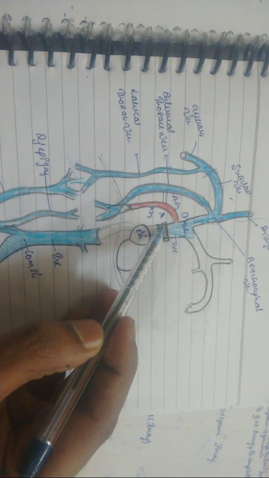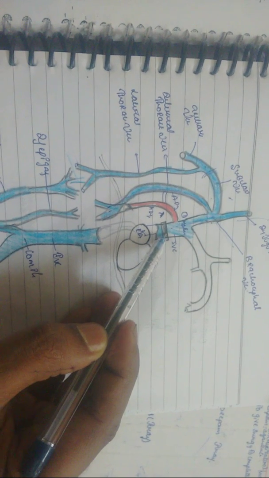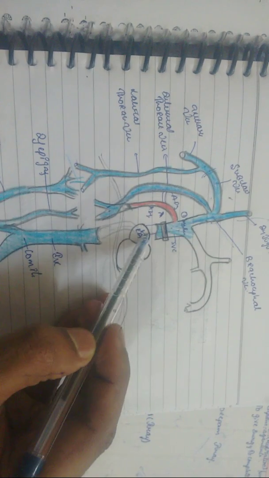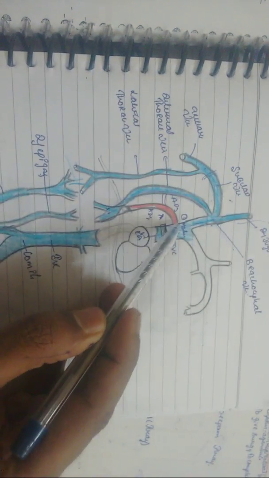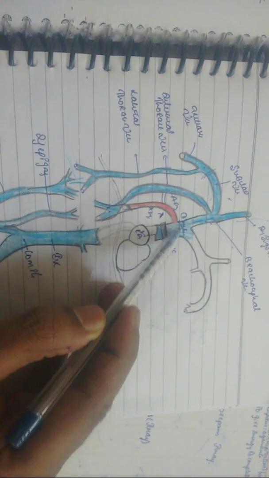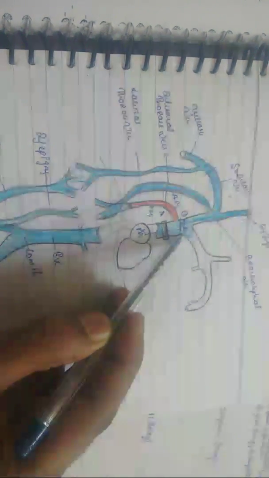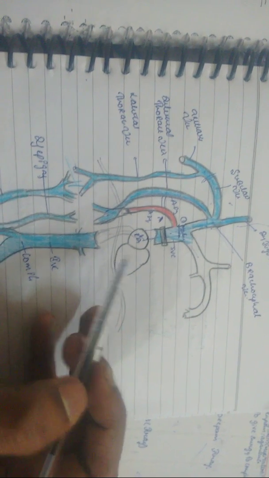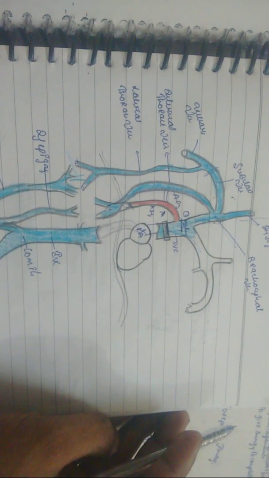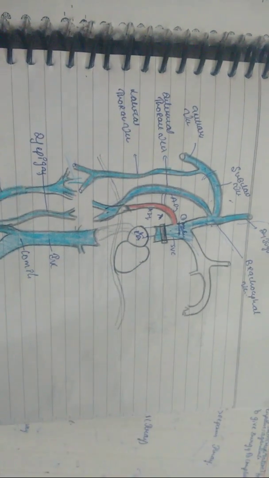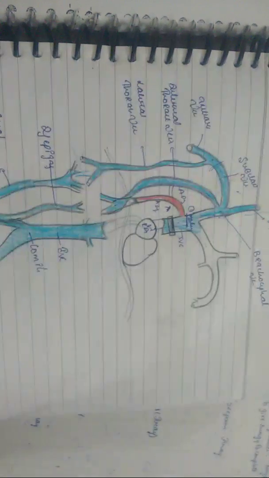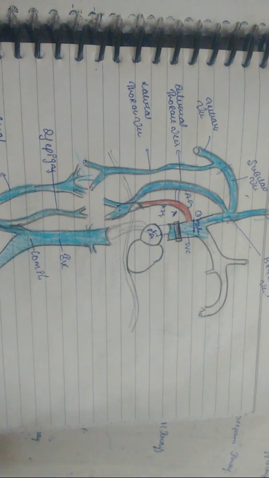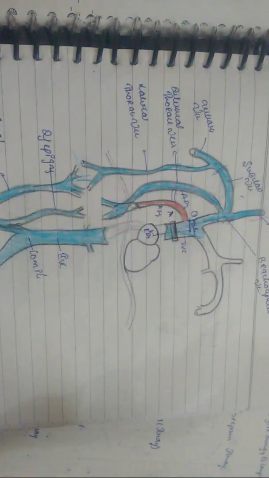Suppose there is an obstruction below the azygos vein. You might be thinking there is a block of the road, so the blood cannot drain into the superior vena cava. If there is an obstruction above the azygos vein, you might be thinking there is a block and the blood won't go into the heart. But God has given some system, collaterals. Let us discuss the bypasses. Ultimately it drains into the heart; if one road is blocked, let's go with the other road.